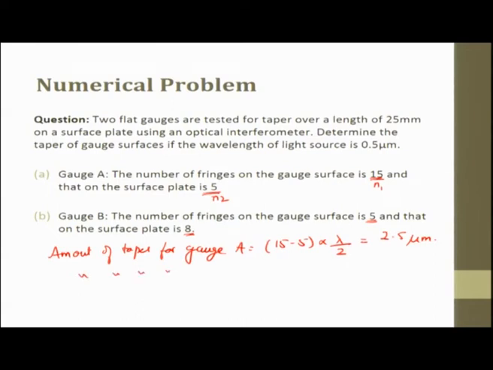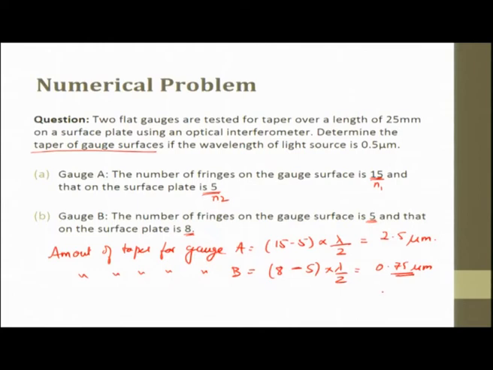The amount of taper for gauge B is equal to 8 minus 5 into lambda by 2, which is 0.75 microns. So, we have found out the taper of the gauge surface.